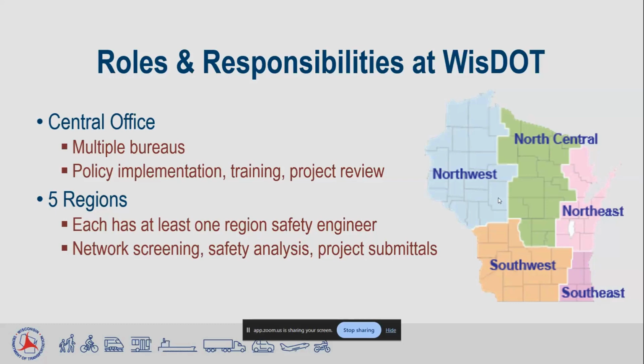Each of our regions have at least one safety engineer, and they're the ones that are responsible for doing the network screening, safety analysis, going through, doing actual project submittals, looking for locations to improve through things like the Highway Safety Improvement Program.